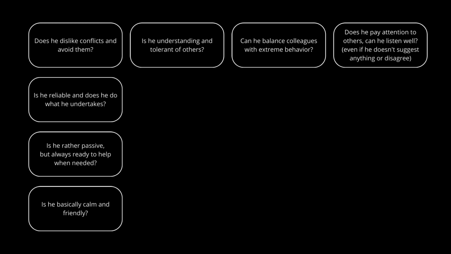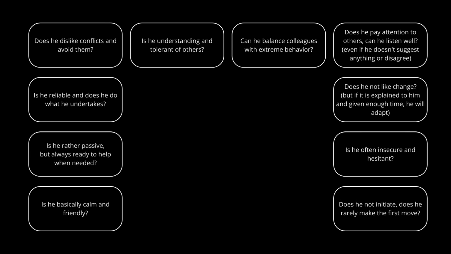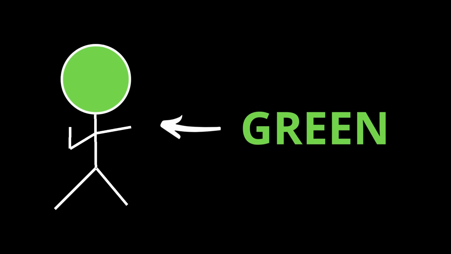Can he listen well, even if he doesn't suggest anything or disagree? Does he not like change, but if it is explained to him and given enough time, will he adapt? Is he often insecure and hesitant? Does he not initiate? Does he rarely make the first move? When you meet such a person, the dominant behavior is green.